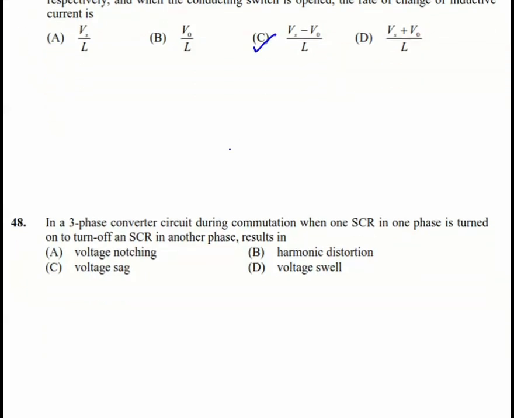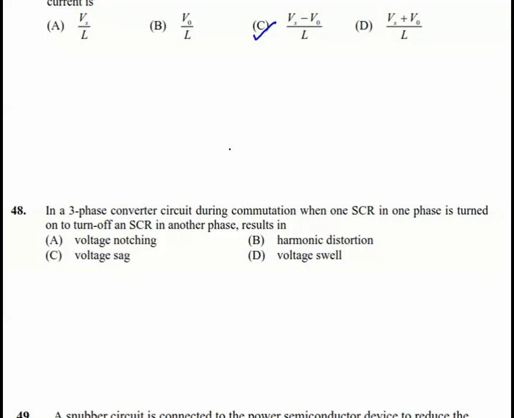And the next question directly is, in a three-phase converter circuit during the commutation, when one SCR is turned on in one phase to turn off the other SCR. Suppose here is a switch S1 and here is the same switch, say S3. In order to turn off this switch, for a short period of time these two switches are conducting, that is S1, S3 on condition.